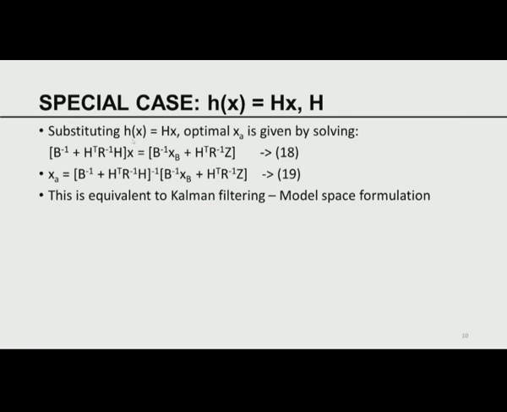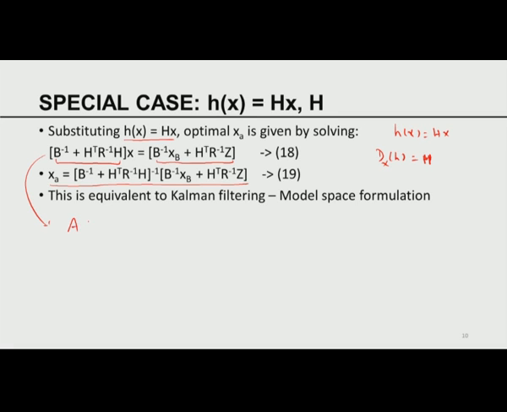In the special case, I would like to re-emphasize, when h of x is equal to H x, the Jacobian of h is equal to H, and everything simplifies. Therefore the matrix like this times x equals this, and the optimal solution is given by this. This system I have to solve.